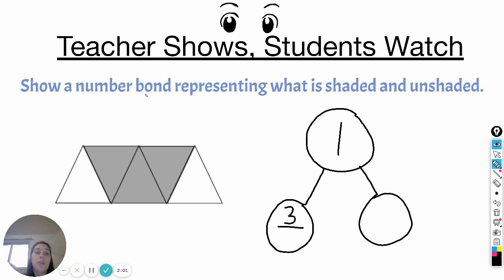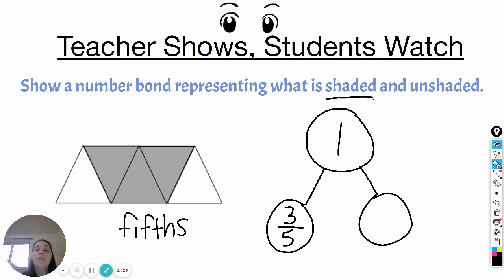And how many pieces are there all together? 1, 2, 3, 4, 5. There are 5 pieces all together. And I'm just going to notate over here that we are working with fifths. Since there are 5 pieces, this is broken into fifths.